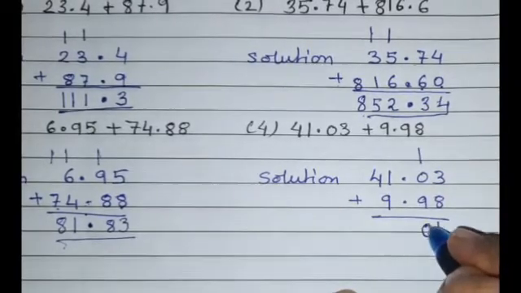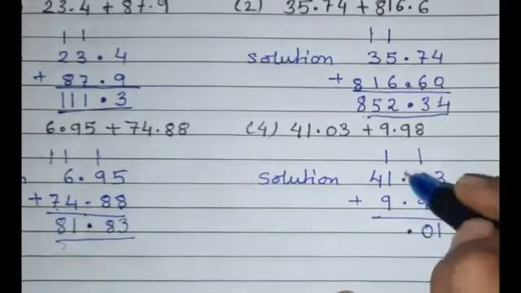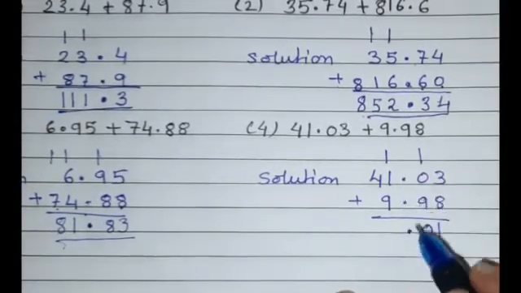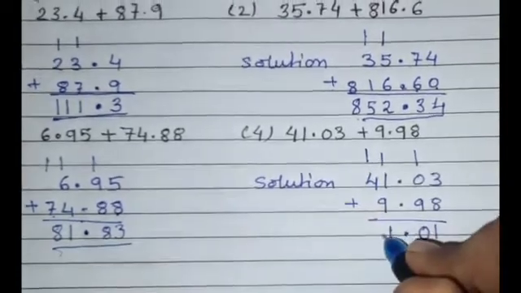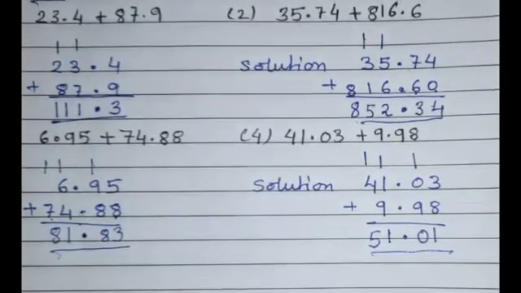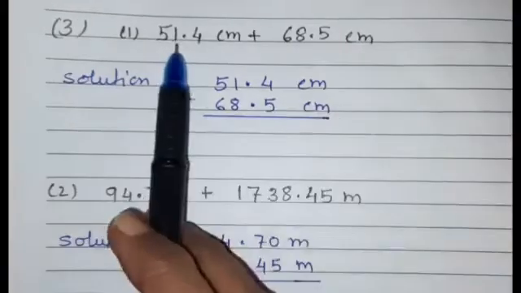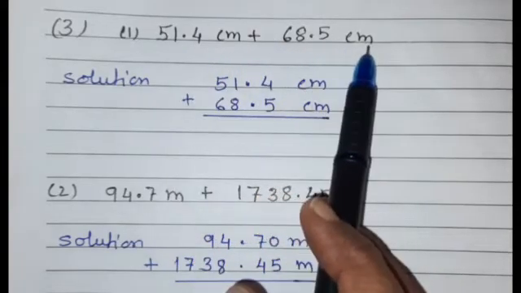So write here 0 and carried 1. Now decimal as it is. Now 1 plus 1 is 2, plus 9 is 11. So here is 1 and carried 1. 4 plus 1 is 5. So answer is 51.01.